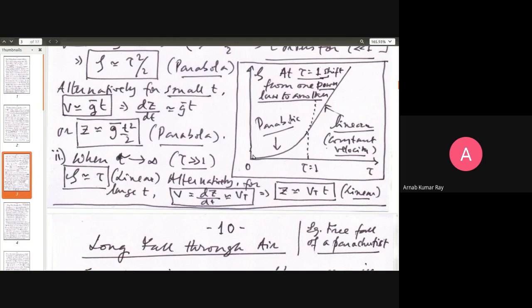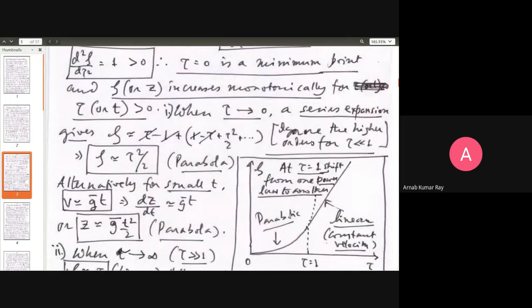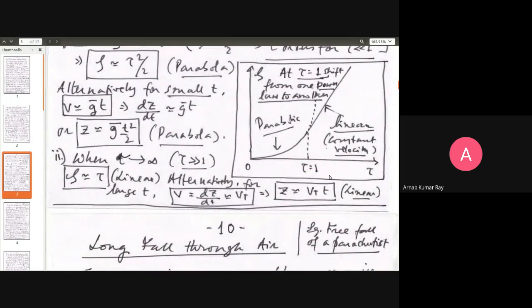Initially, it will accelerate. As a result, z will have a parabolic dependence. But beyond a point, the acceleration will no longer happen very significantly. You just have a constant terminal velocity.